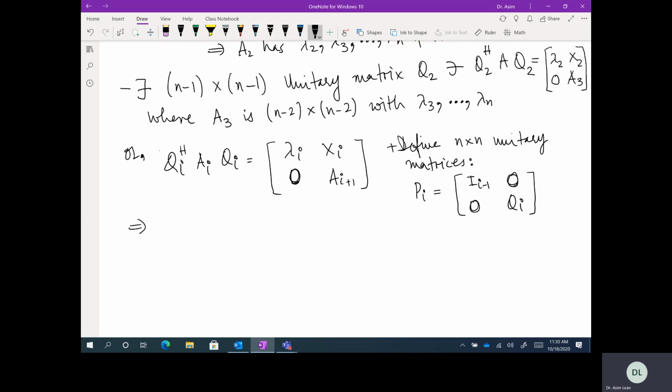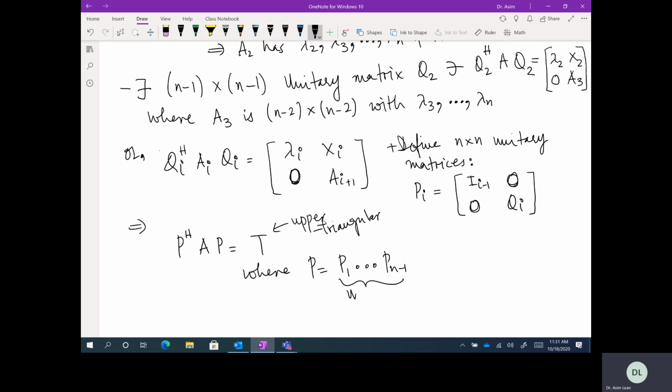So this implies PH A P is some T, which is upper triangular, where P equals P1 up to Pn minus 1.